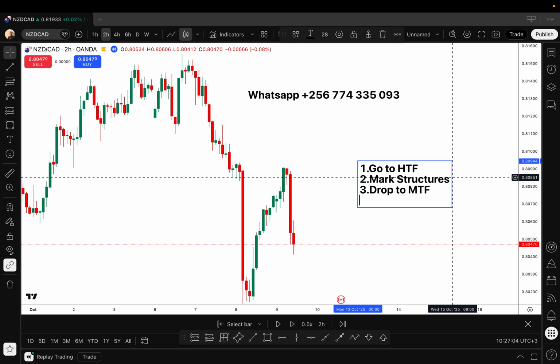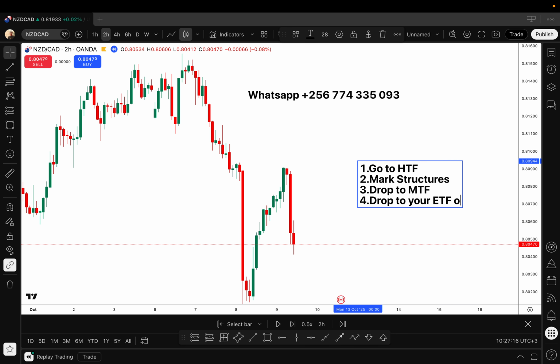So the last one, after getting your confirmation on the medium time frame, rule number 4 is drop to your entry time frame or lower time frame to look now for entry setups in the direction of the market you have discovered on your medium and high time frame.